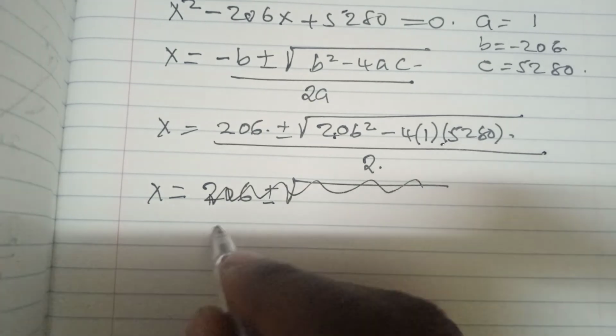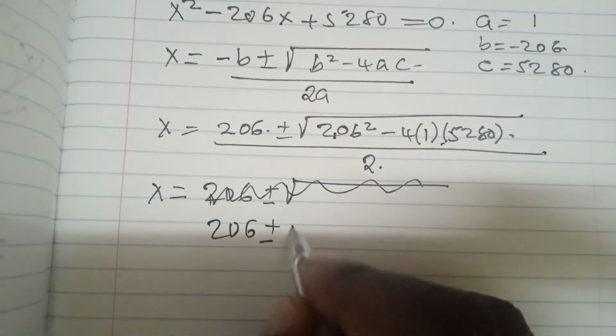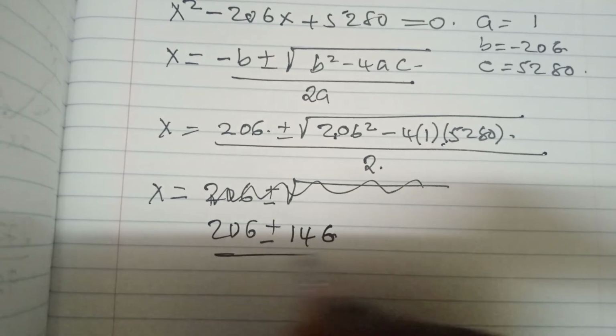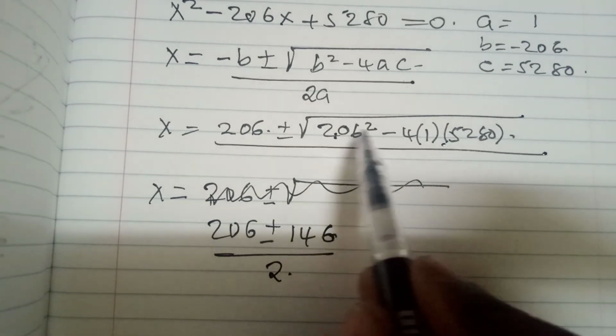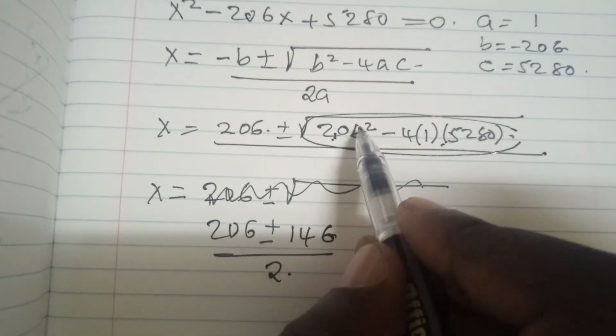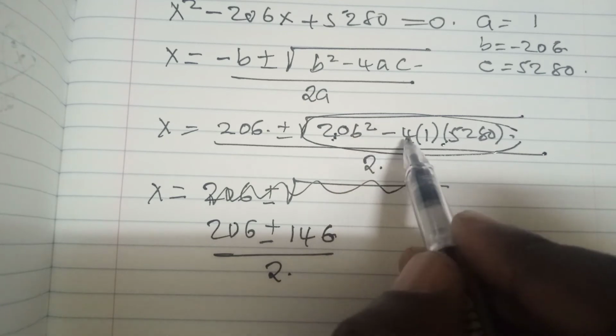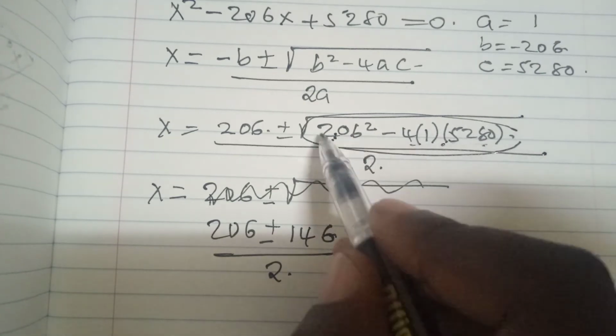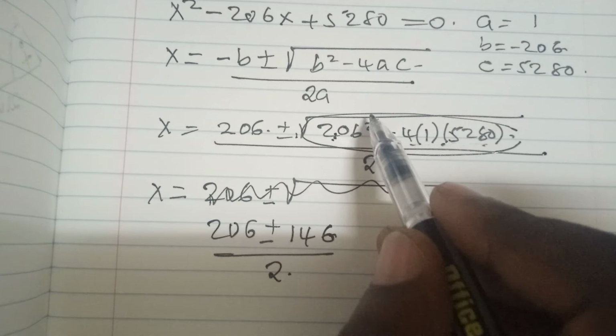So 206 plus or minus 146, everything over 2. I have skipped the step of working out this bracket: 206 squared minus this product, and then whatever you get from there, you look for its square root.